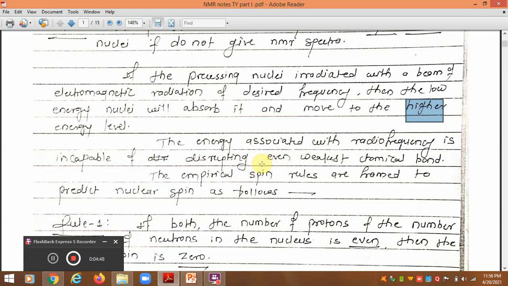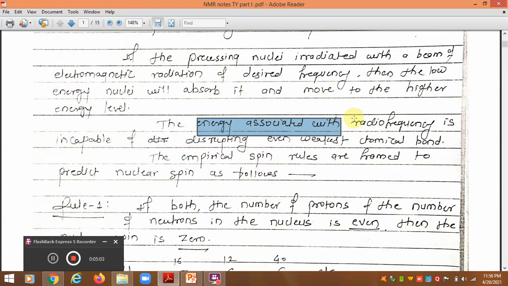The energy associated with radio frequency is incapable of disrupting even a weak chemical bond in the molecule. So these radio frequencies are responsible for NMR spectroscopy, for the change in the state of nuclear spin from a lower energy level to a higher energy level.